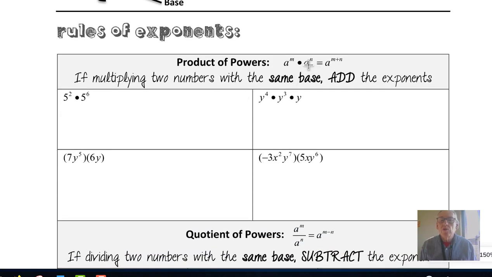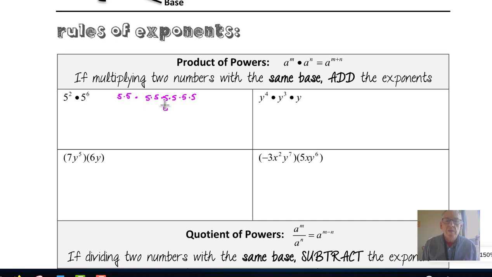So, the product of powers rule: a to the m times a to the n is a to the m plus n. As an example here, we can always do this out the long way. 5 to the second literally means we have 2 5s multiplied together. 5 to the 6th means we have 6 more 5s multiplied together.